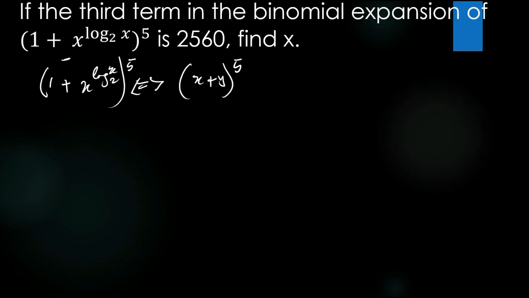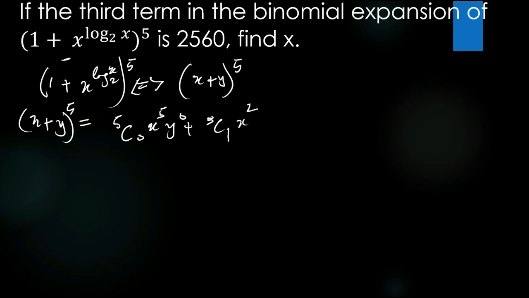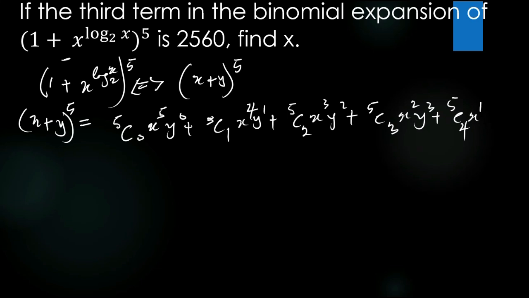Now, using binomial theorem, my (x plus y) all raised to power 5 should look like 5 combination 0 x raised to power 5 y raised to power 0, plus 5 combination 1 x raised to power 4 y raised to power 1, plus 5 combination 2 x raised to power 3 y raised to power 2, plus 5 combination 3 x raised to power 2 y raised to power 3, plus 5 combination 4 x raised to power 1 y raised to power 4, and lastly plus 5 combination 5 x raised to power 0 y raised to power 5.